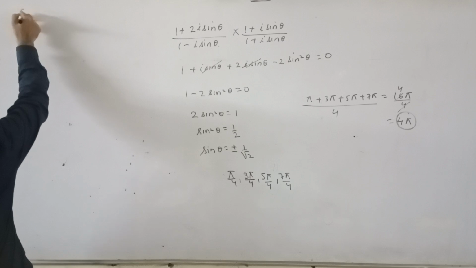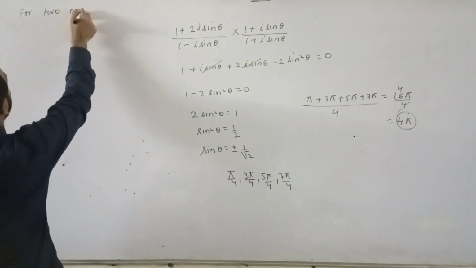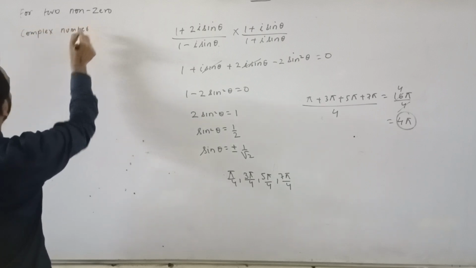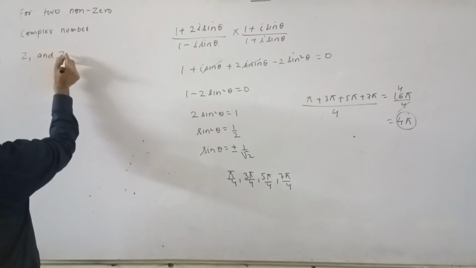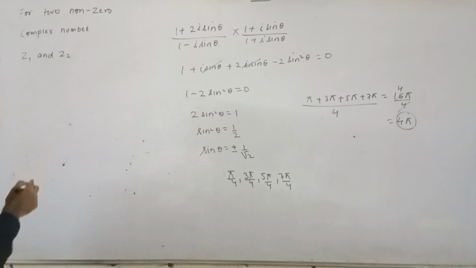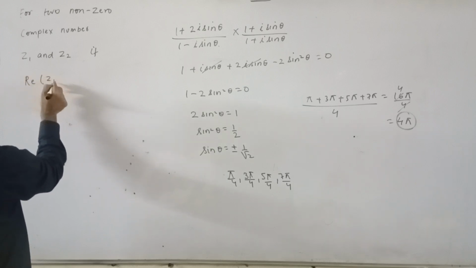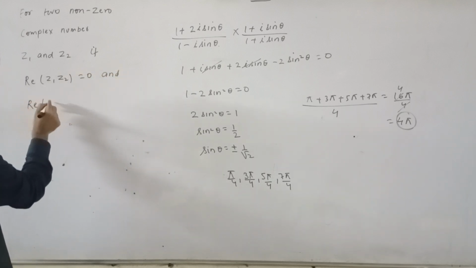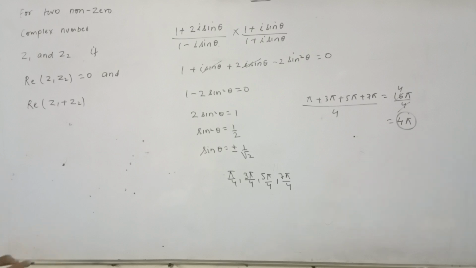Question number 3 says, for two non-zero complex numbers Z1 and Z2, if the real part of Z1 into Z2 is equal to 0 and the real part of Z1 plus Z2 is equal to 0.